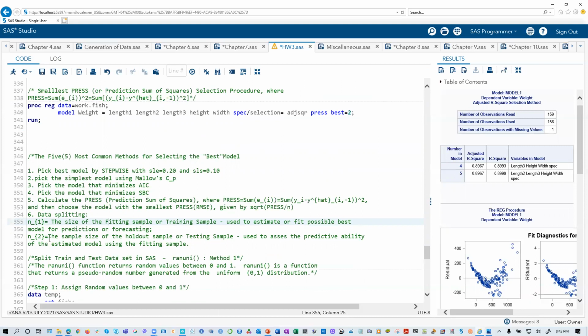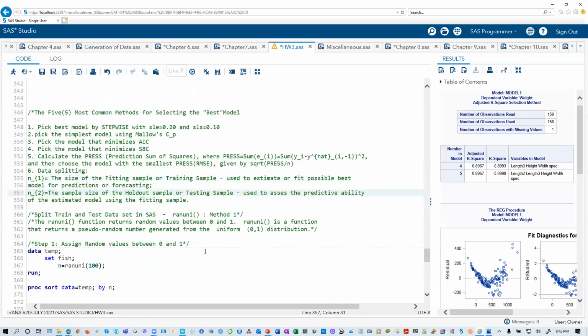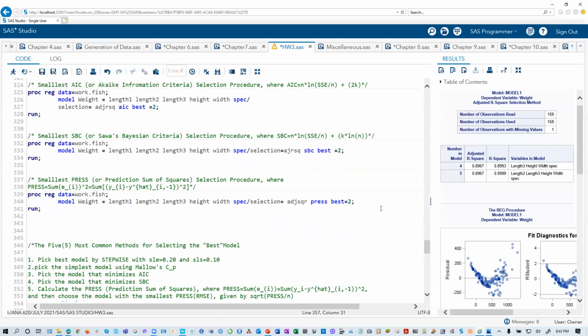Then the N2, I'm going to get the data set and split it into two parts. The sample size of the holdout sample, the testing sample. One is the training sample, the other is the testing sample. In order to get this done, divide the given data set into two parts, training sample and testing sample, and the testing sample is the one being utilized over here.